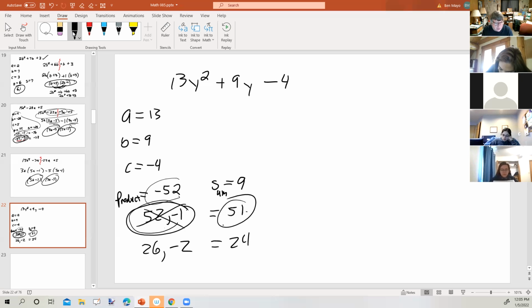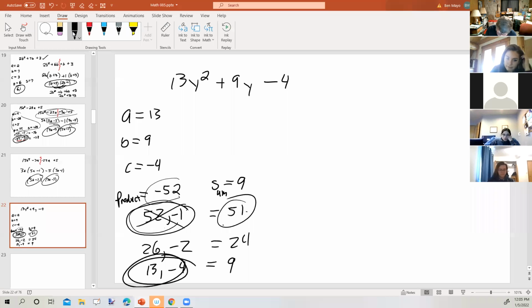So I need to generate another pair of numbers. Well, 26 is even. Let's cut it in half. So then we're going to double the -2. 13 times -4. These are just quick ways of generating two numbers whose product is -52. Okay. What's 13 plus -4? 9.